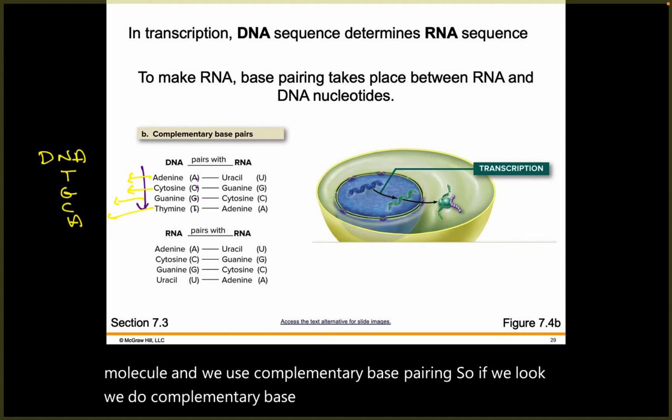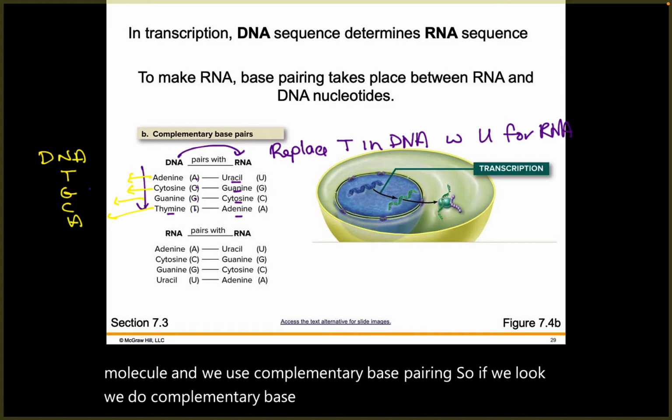Now, when we take DNA and base pair it with RNA, we get U for uracil. C still base pairs with G. That doesn't change from what we saw here. G still base pairs with C, and thymine still base pairs with adenine. So basically, we just replace all our T's in DNA with U's for RNA.